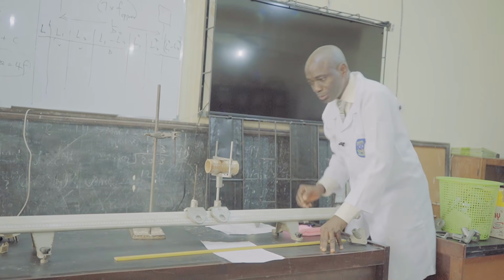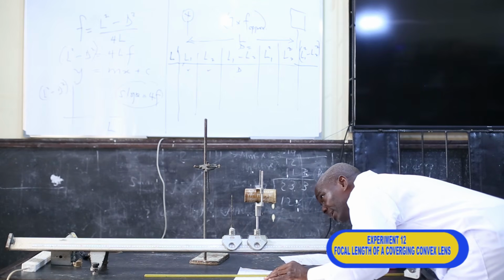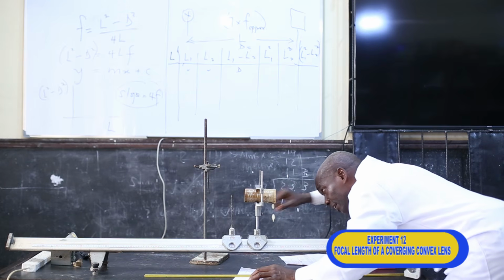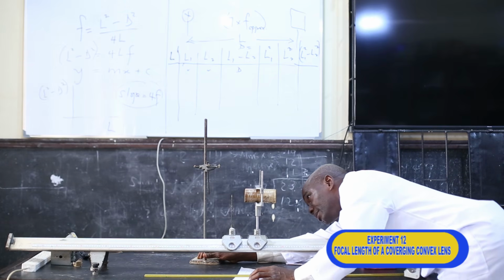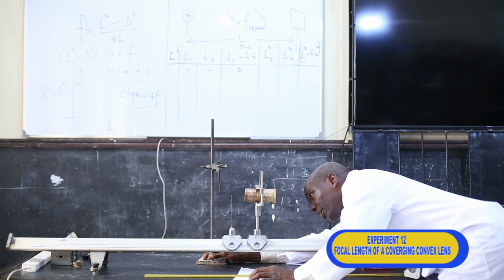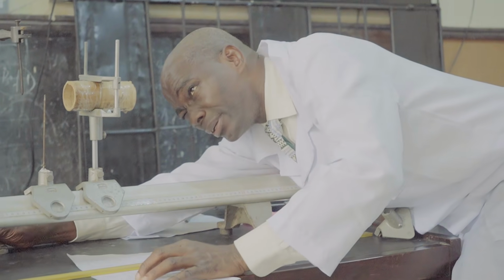If I look through the convex lens, I'm seeing the image of the object. Now, I'll use the search pin to get the distance of the image, and that is by the parallax method.